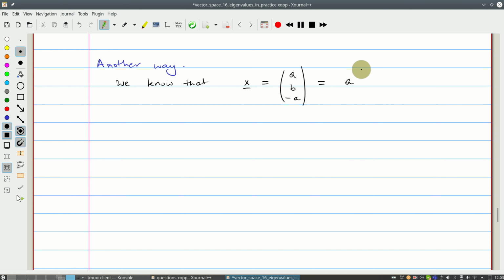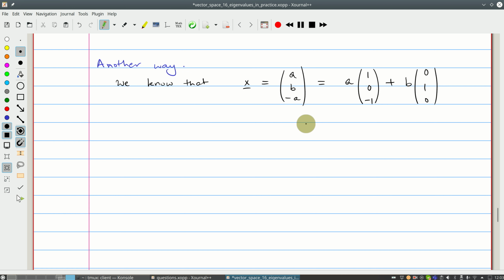We'll have a times a vector, where wherever you see a's there's a 1, then a 0, and a minus 1, plus b times another vector, with a 0 here, a 1, and a 0. Now you can already see that this vector x is of the form a times a vector plus b times another vector, and these two vectors are orthogonal.